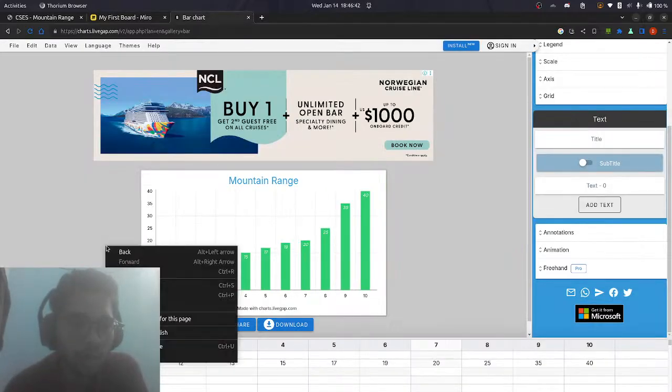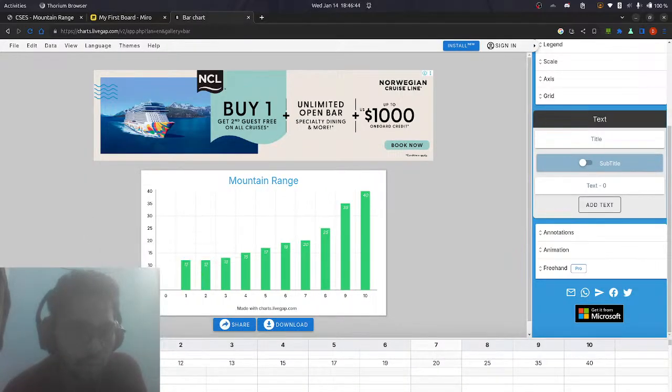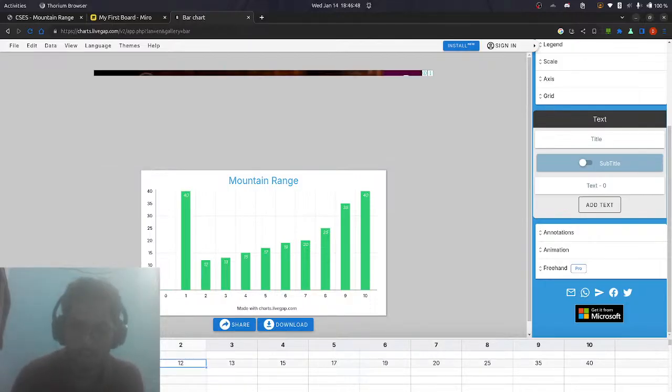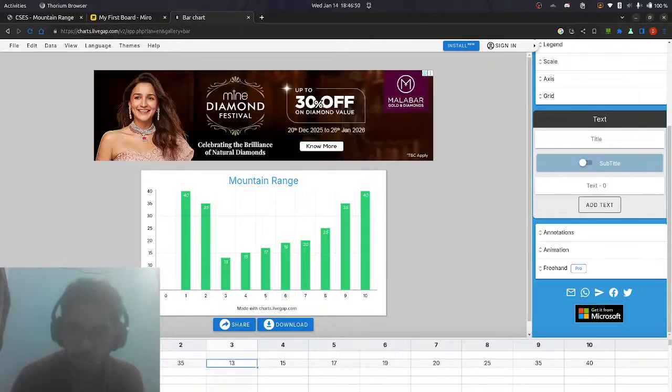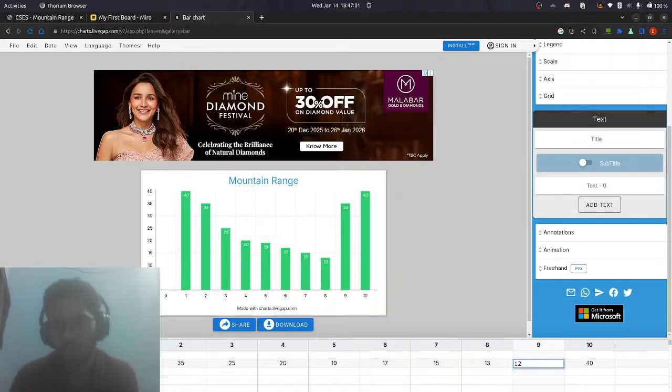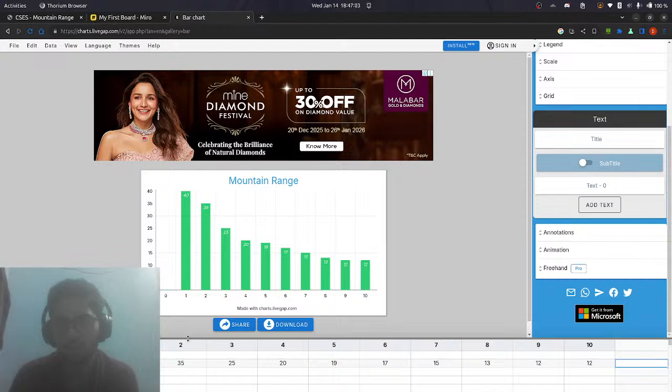Suppose we had done it in reverse order, like this: 35, then you have 25, 20, 19, 17, 15, 13, 12.